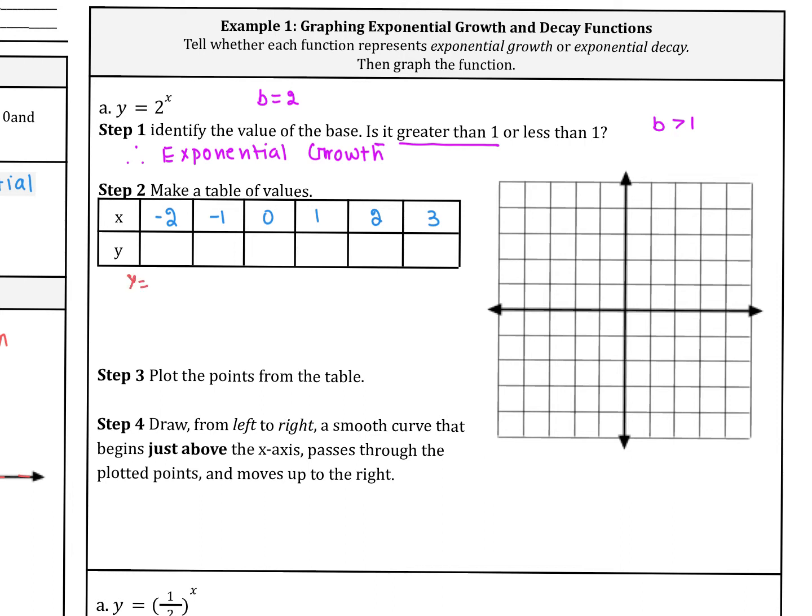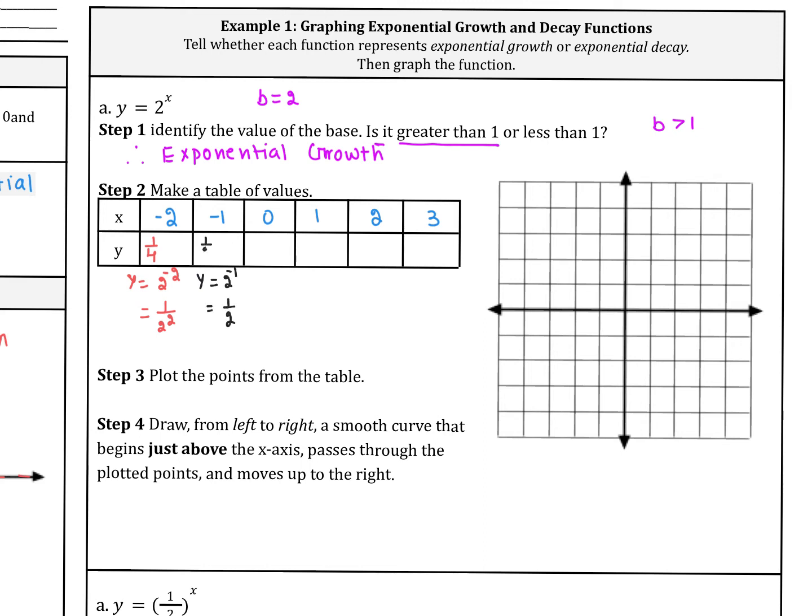So y equals 2 to the power negative 2. 2 to the power negative 2 is 1 over 2 to the power 2, and that is 1 over 4. Next, we're going to use 2 to the power negative 1, and that would give me 1 over 2.